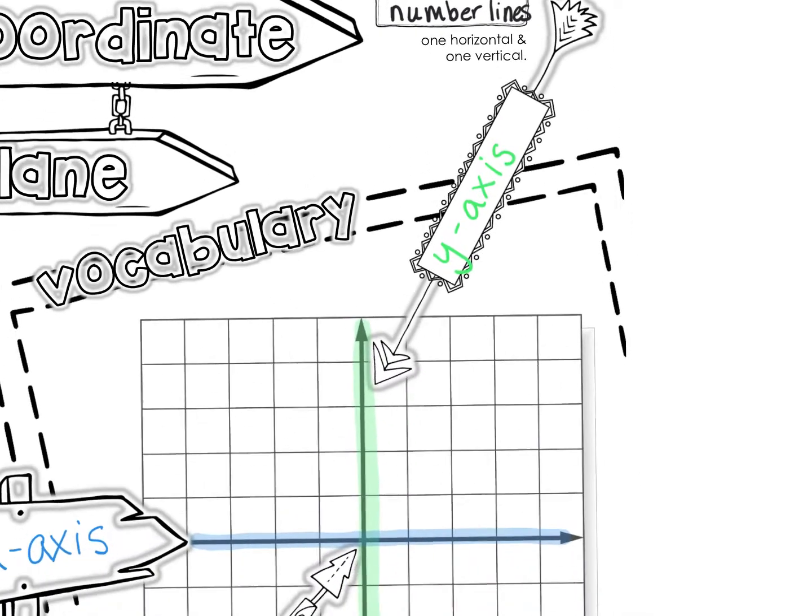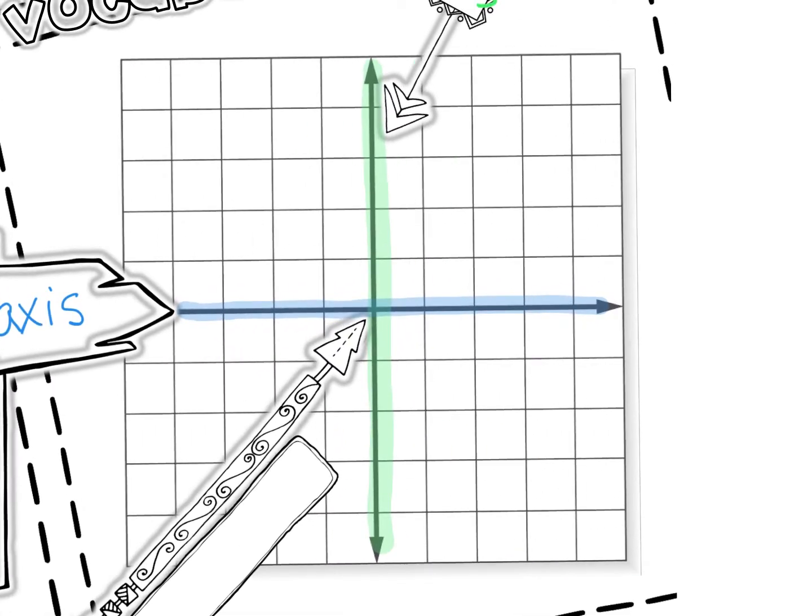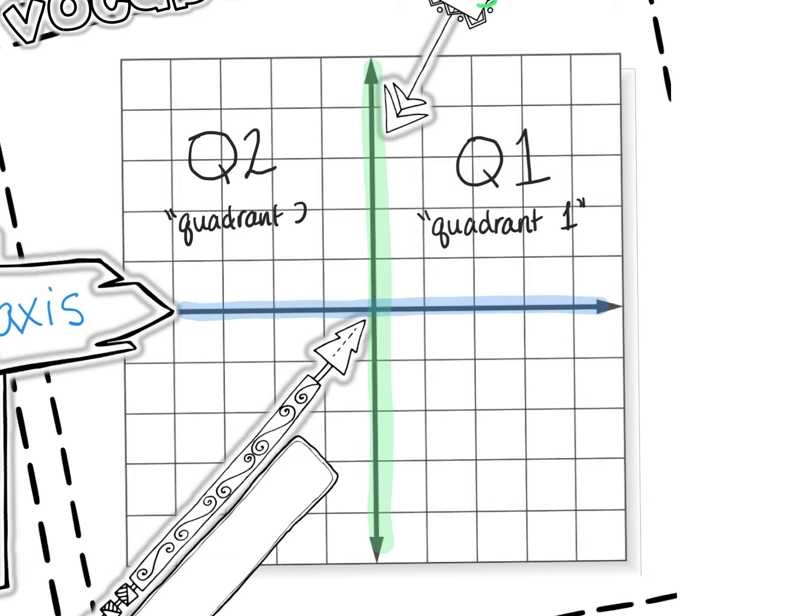Now, the coordinate plane is actually divided into 4 quadrants. Quad means 4. The first quadrant we call quadrant 1, and I'm going to say Q1. This is quadrant 1. Please write that down. To the left, we call this Q2, or quadrant 2.